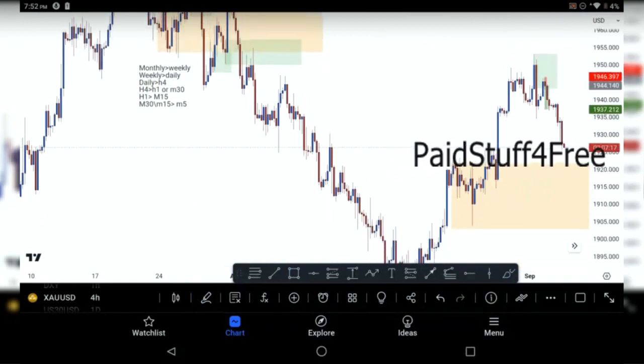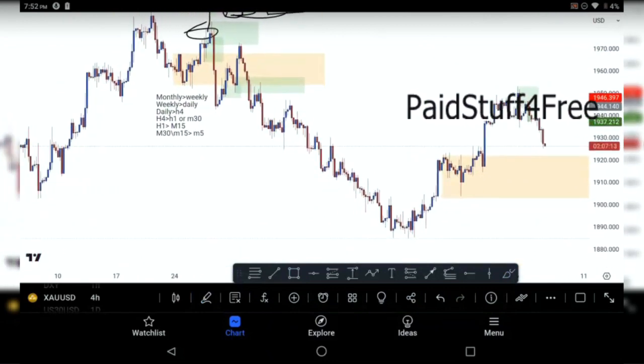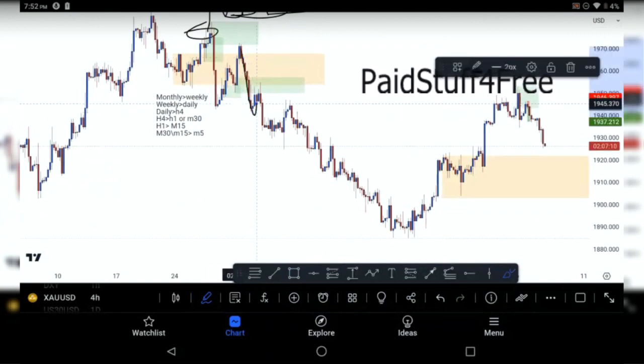Look at this. Let me do this with you guys. Ever since price broke here, 4 hours has just been bearish.